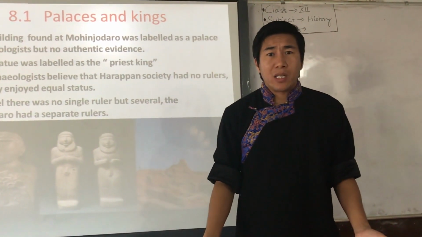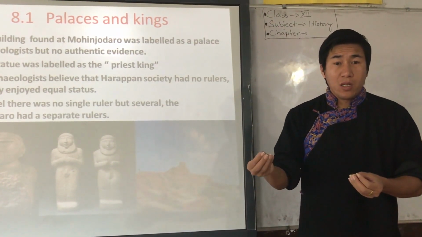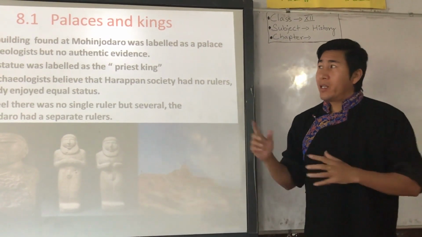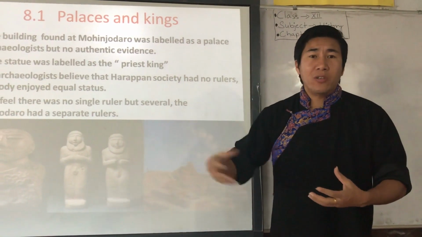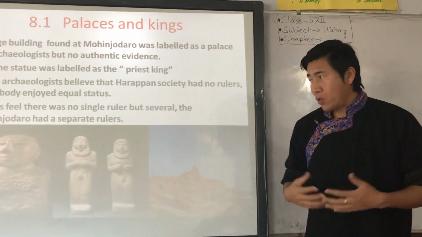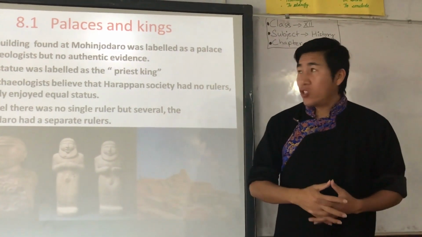In our own Indian society, different states have different rules. So I think there must have been one ruler in the Indus Valley civilization who carried out all those decisions and implemented them. But even I am not sure about it. This is my opinion.